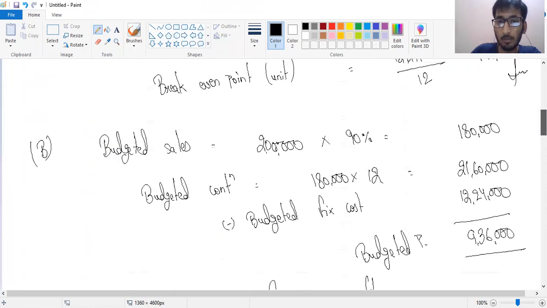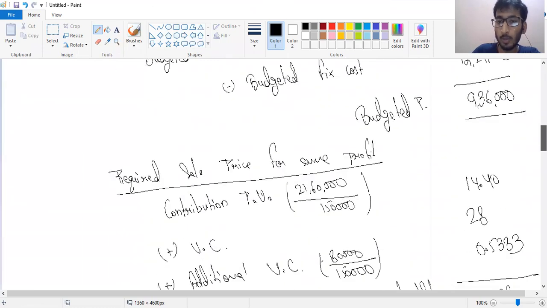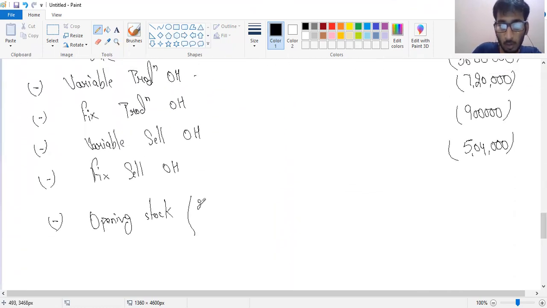No, just a second. Production cost was 22 rupees. Okay, it was 22 rupees for how many units? Basically, what was the budgeted units? I'm saying the budgeted units were, just a second, 1,80,000.